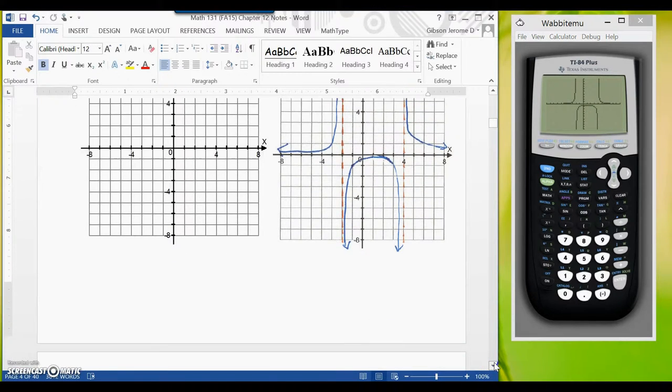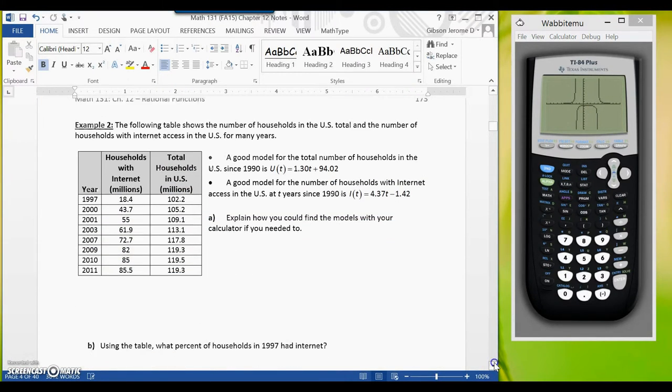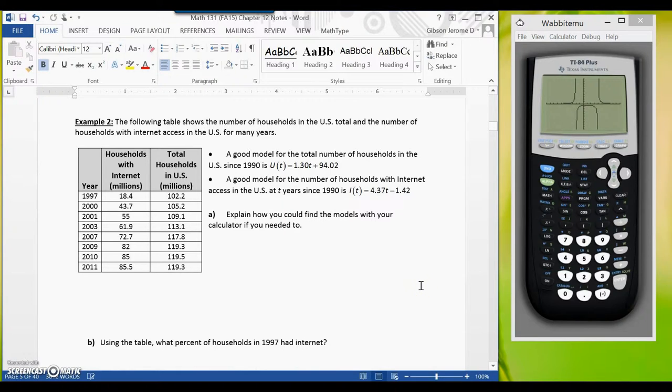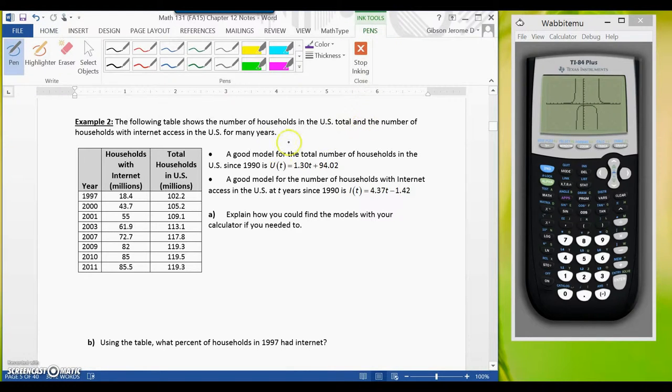Now, we scroll on down here to example 2. It says the following table shows the total number of households in the U.S. and the number of households with internet access in the U.S. for many years. Okay, so now it says a good model for the total number of households in the U.S. since 1990 is U of t is equal to 1.30t plus 94.02.